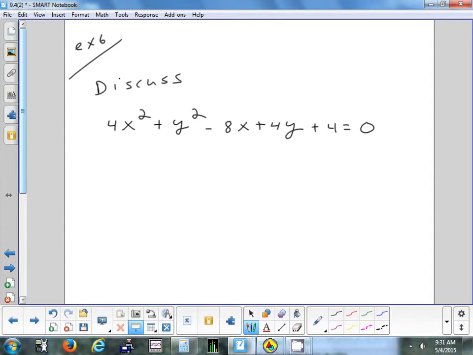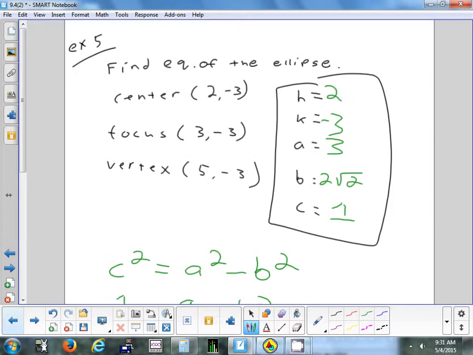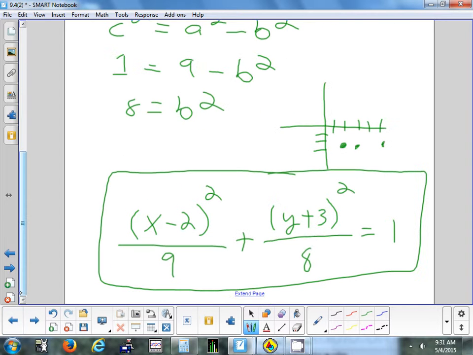Does anyone remember what we have to do? Yeah? Move the 4 over to the right side and divide by 4. Okay, so we're going to move the 4 over. That's definitely a good thing to do. But even if we divide everything by 4 right now, we're still not going to get something squared plus something squared.